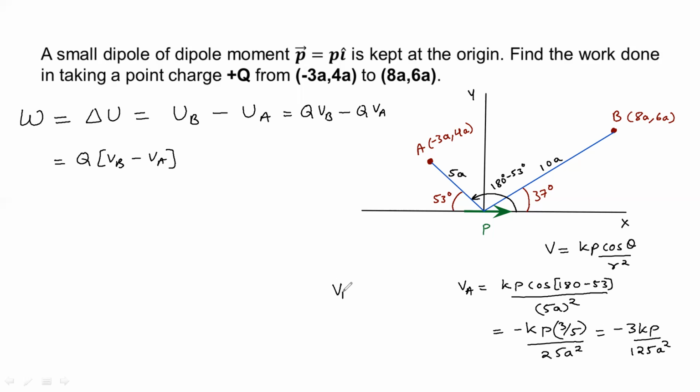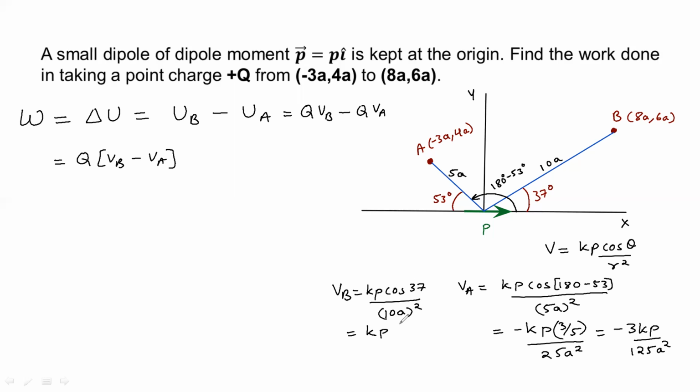Similarly, what about VB? VB is going to be Kp cos of 37 by the square of 10a. Now, what is cos of 37? It is 4 over 5.